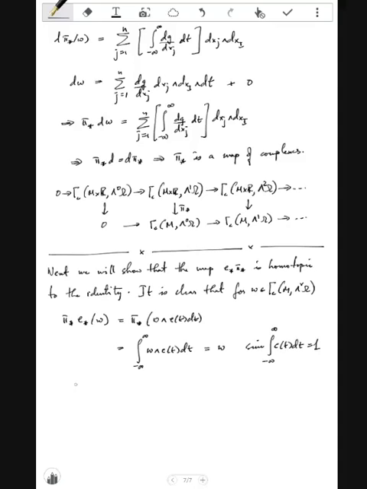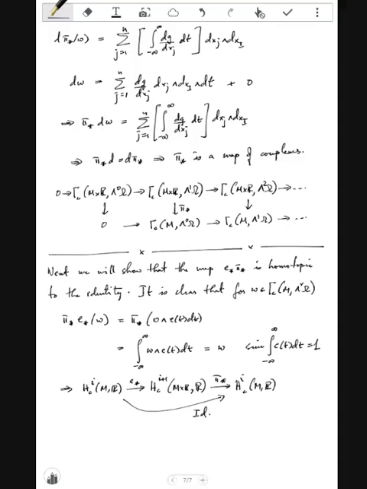So that is, this composite is just the identity.